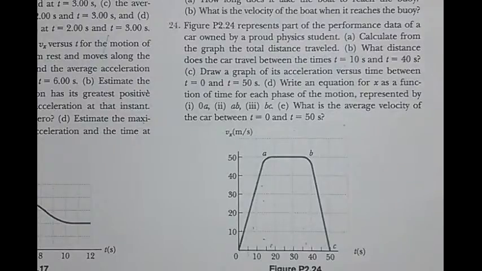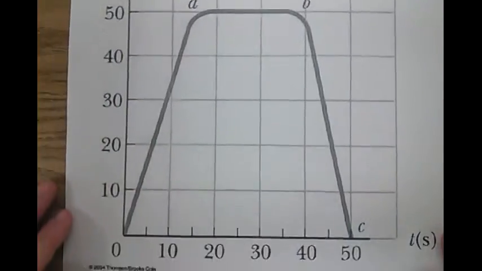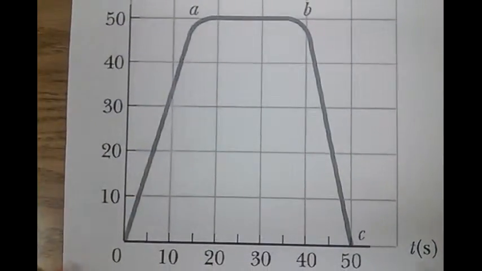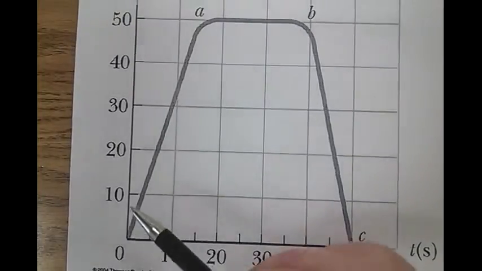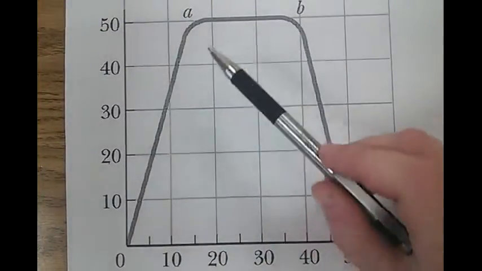So the first part of the problem is pretty easy, and I actually have an enlarged version of the picture. Here we go. So remember, the first part of the problem asks us to find the total distance traveled, and to do that, we know that it's just the area under the v-t curve.